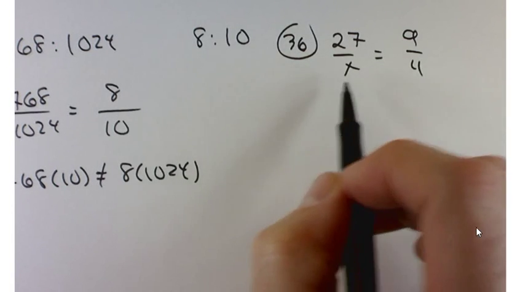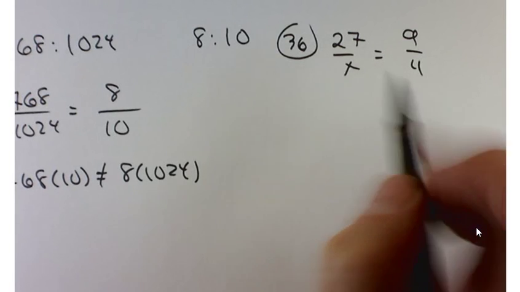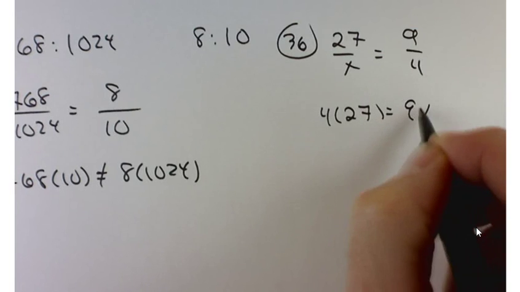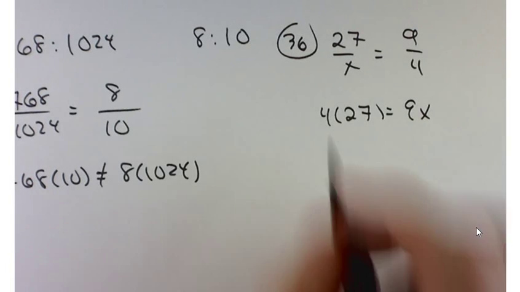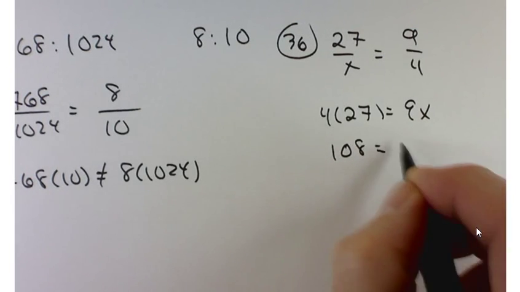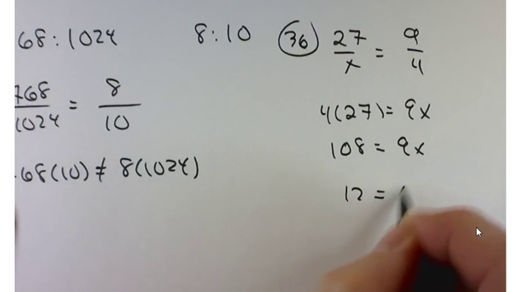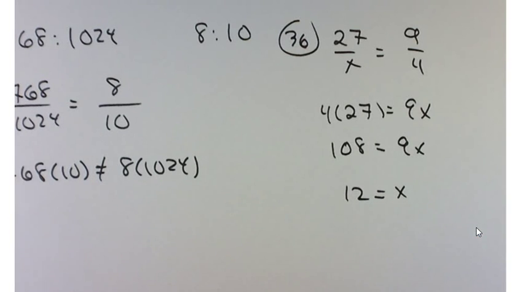You have one fraction equals another fraction. 4 times 27 equals 9 times x. Somebody have to check me on this. 4 times 27 is 108. Divide both sides by 9, and I think you're going to get 12. Beautiful.